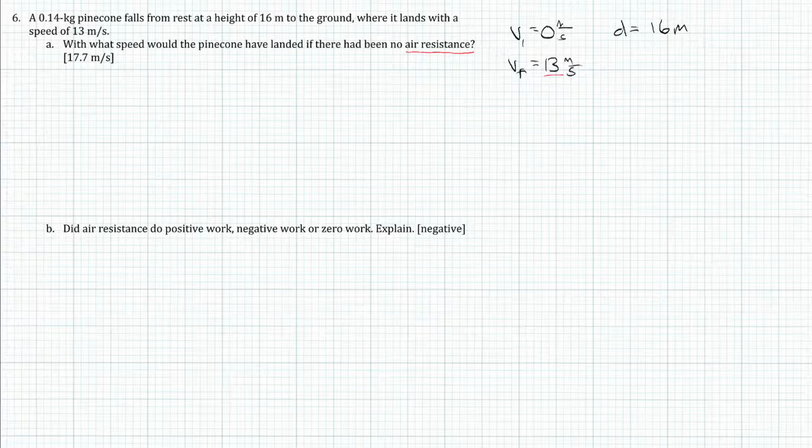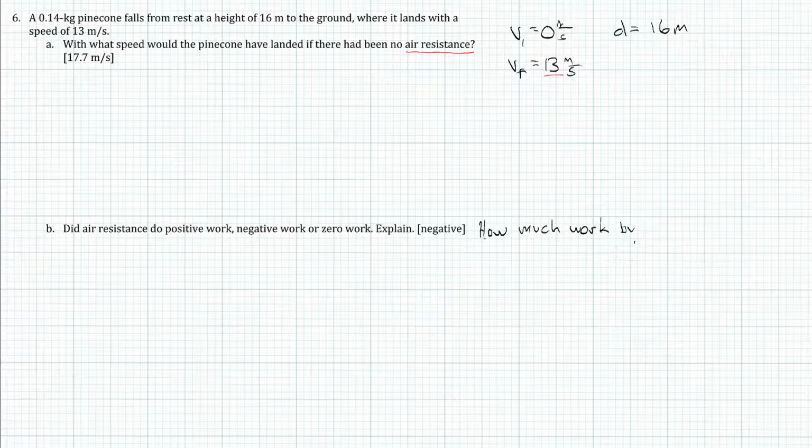But the second part is what I'm going to add something to. It says, did air resistance do positive work, negative work, or zero work? That's where the direction is going to come into play, and we'll address that when we get to it. But I'm also going to add this: how much work by air resistance?